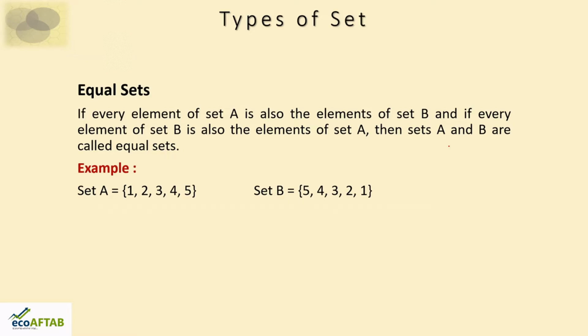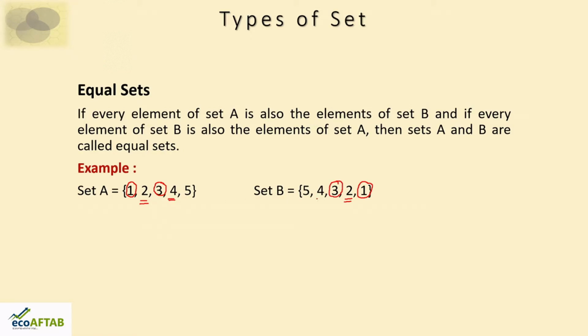So we are saying that set A has an element which set B also has. Set A has 2, set B has 2. Set A has 3, set B has 3.